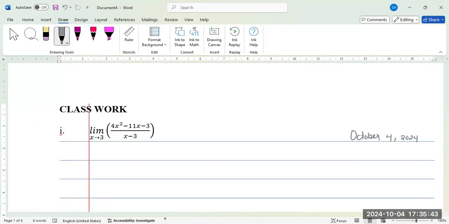It is a what, Logan? Indeterminate. So you have to learn the jargon. Can anyone agree that it's indeterminate? Yes, sir. All right.